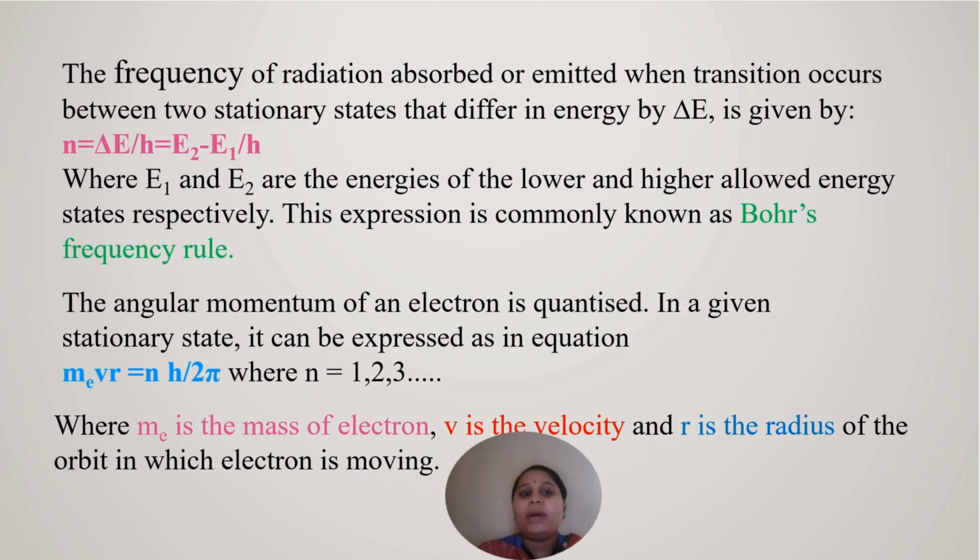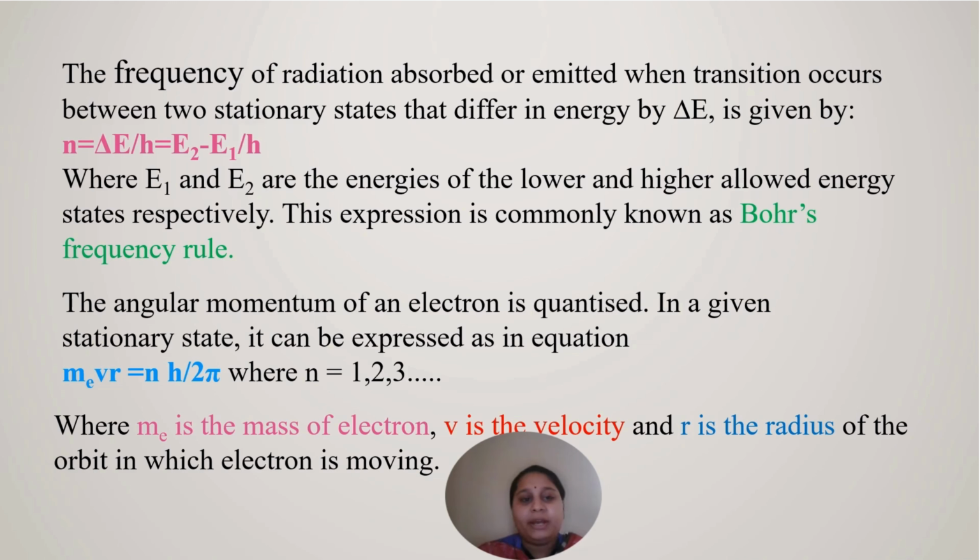Delta E is E2 minus E1, where E1 is the lower and E2 is the higher energy state. And this is called the Bohr frequency rule. So this is how, when energy is absorbed or a transition occurs, Bohr stated the frequency at which the electron can absorb or emit energy.